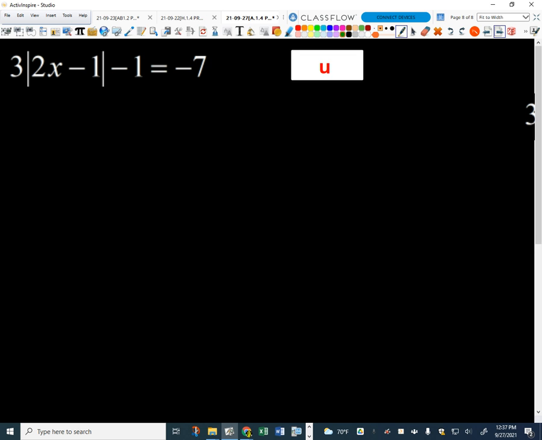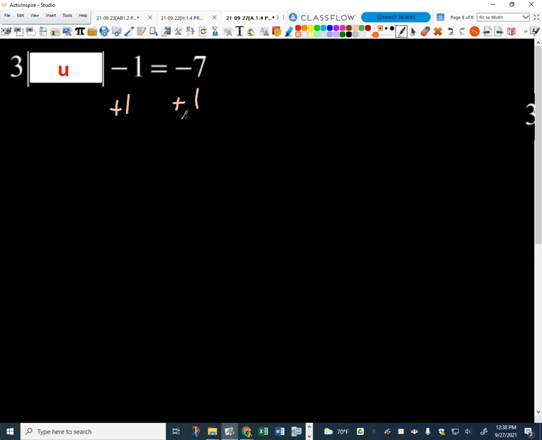So if we do that, if I add 1, and the reason I'm doing that is because whatever's inside, you know, it's just off limits. We'll just cover it up. If I add 1, that's going to give me 3 times my absolute value equals -6.